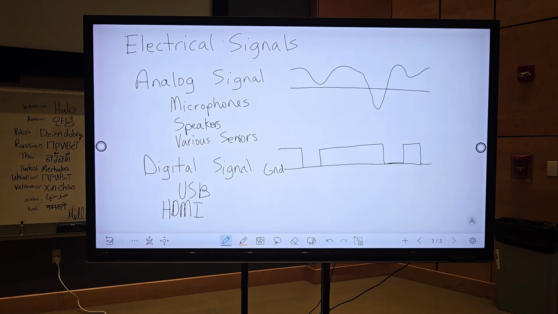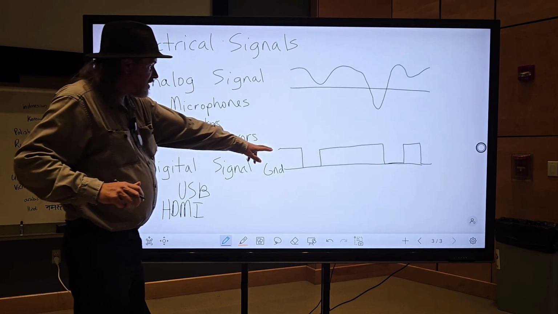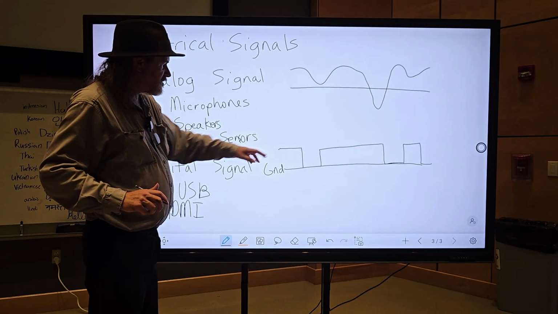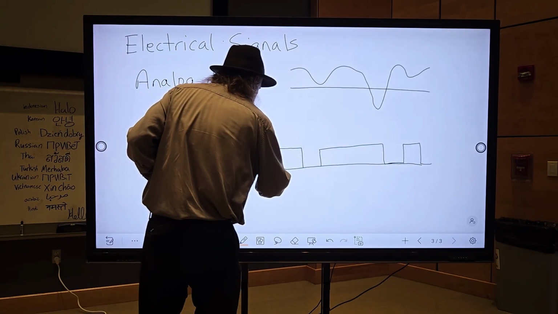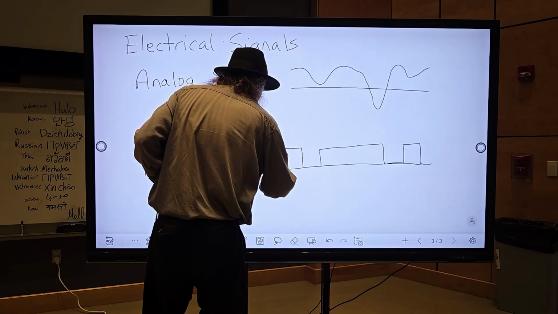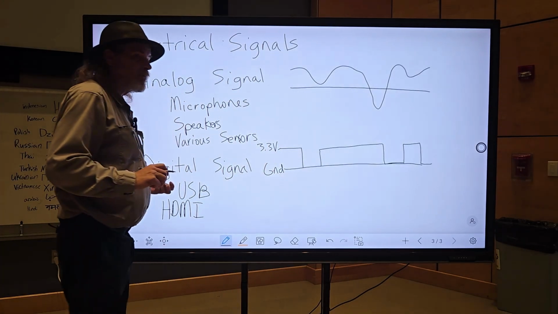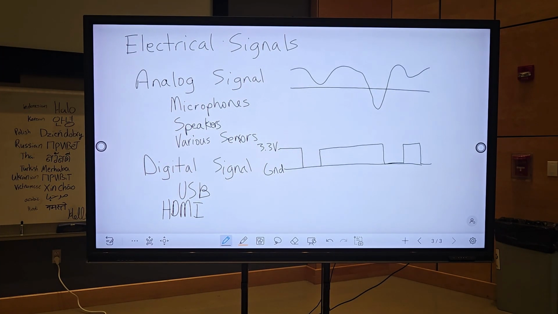That high value can vary depending on the system, but a common one is 3.3 volts. But it might be 12 for RS-232 communication. It might be 5 for TTL logic. It just depends on the system that you're dealing with at a given time.